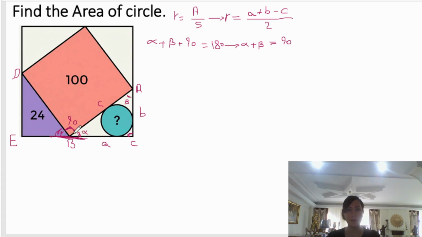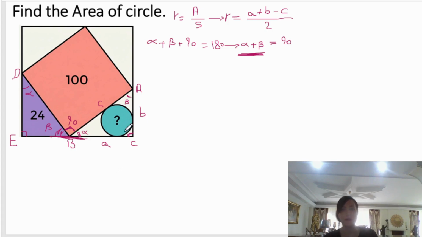So alpha plus 90 plus this angle equals 180. If I bring 90 to the right side, it would be alpha, and this angle would be 90. That means alpha and this angle are complementary. So alpha is complementary to this angle. As I said, alpha and beta are complementary, so this angle would be beta. Here, this angle is 90, so this angle would be alpha.